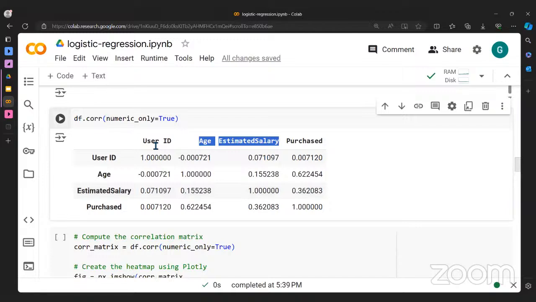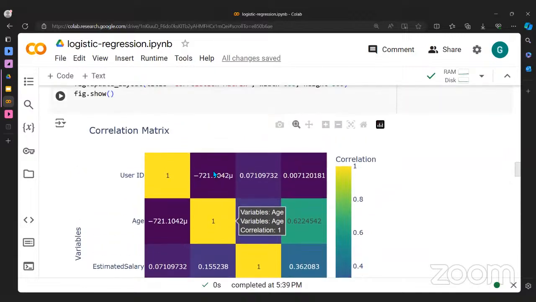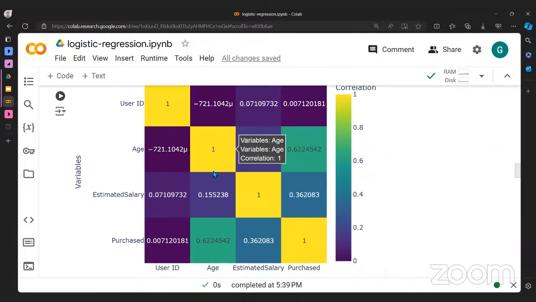Obviously user ID doesn't make any sense because I don't think it has any effect on whether the person would buy or not, but age and estimated salary could be a factor. I think it is just me plotting it in a chart.